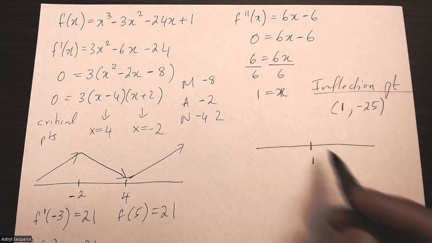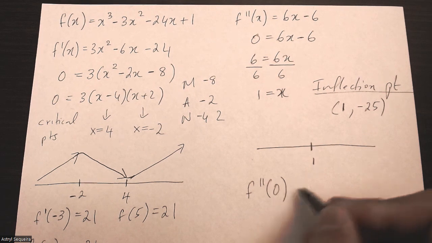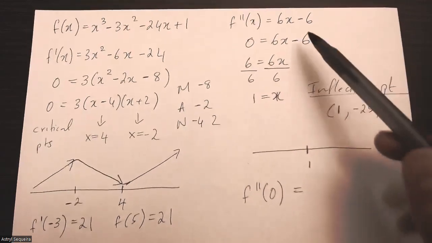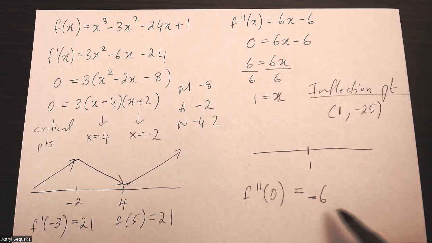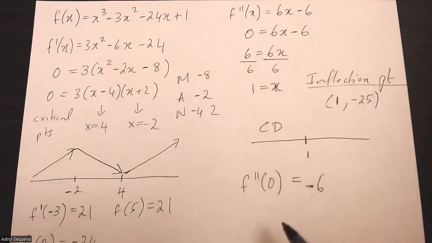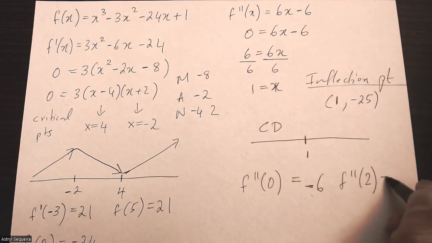I'll test a value here. I'll just take 0. So we're putting this in our double derived equation. So f double prime of 0, if I sub in 0 in this equation, I get negative 6. Negative means you're concave down. And then I'll test this range here. I'll do f double prime of positive 2.